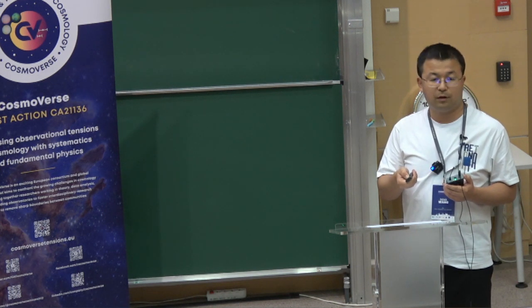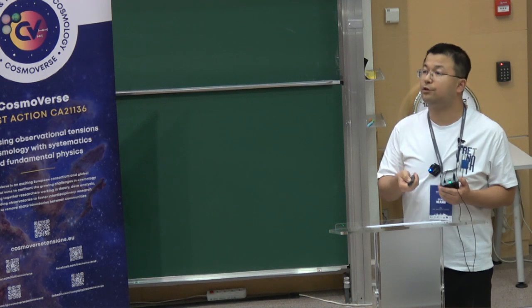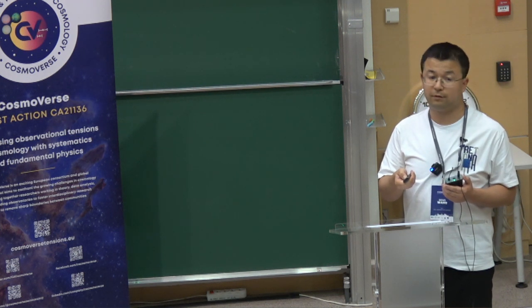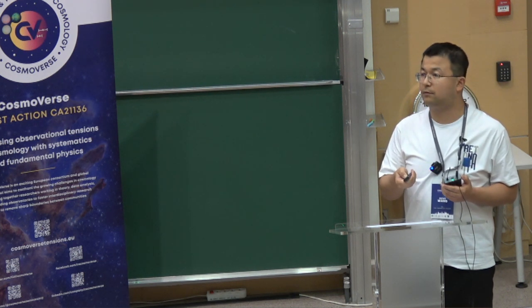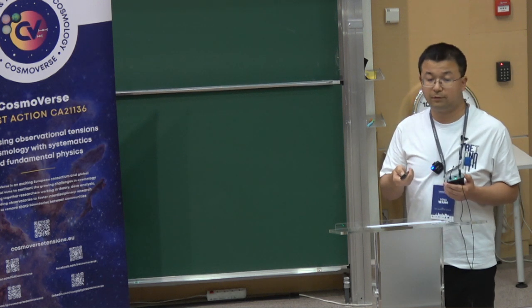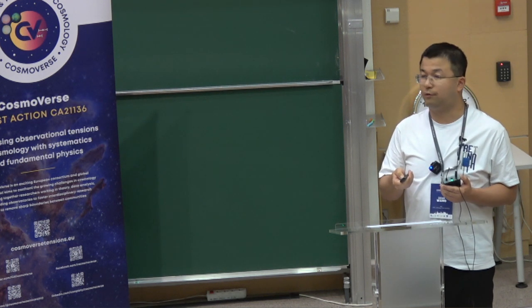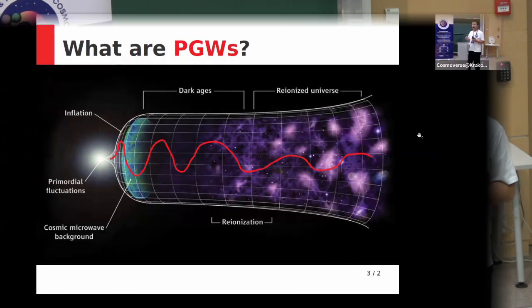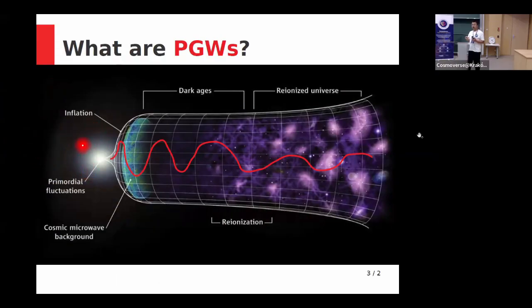And when these modes re-enter the Hubble horizon, they will seed the present-day cosmic structure formation. And here I show how primordial gravitational waves behave. It will decay over time. And here I can show its scale dependence.